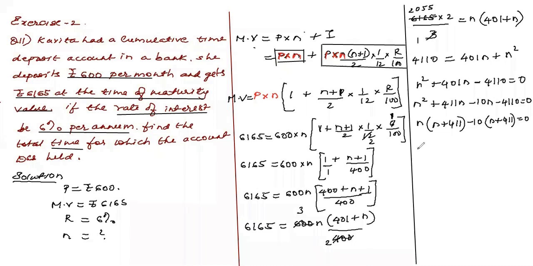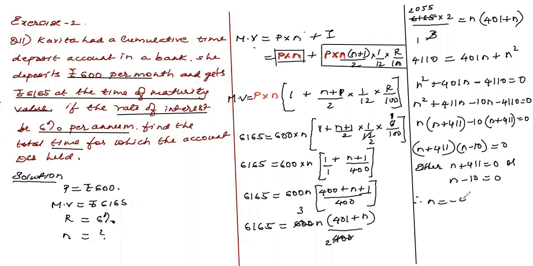You can see here, this is (n plus 411) into (n minus 10) equals 0. Now the product rule: either n plus 411 equals 0 or n minus 10 equals 0. Therefore, n is equal to minus 411 or n is equal to 10.